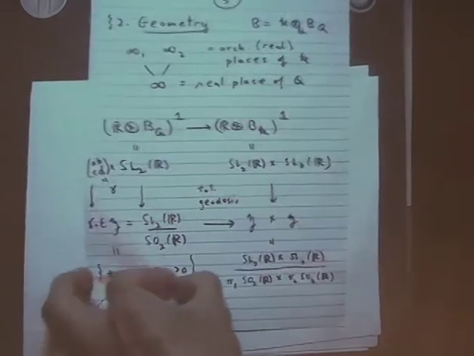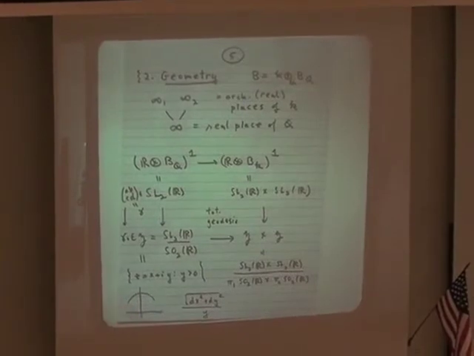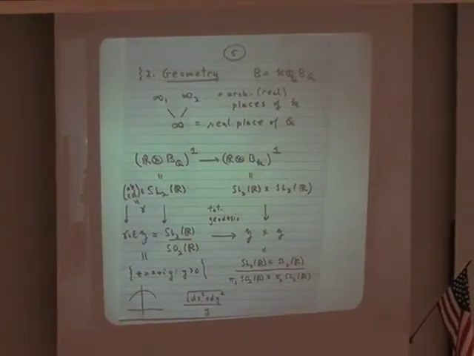Now the question is, how does this relate to the arithmetic groups? So let's try to keep this all straight here. I wanted to study the arithmetic group D upper 1.